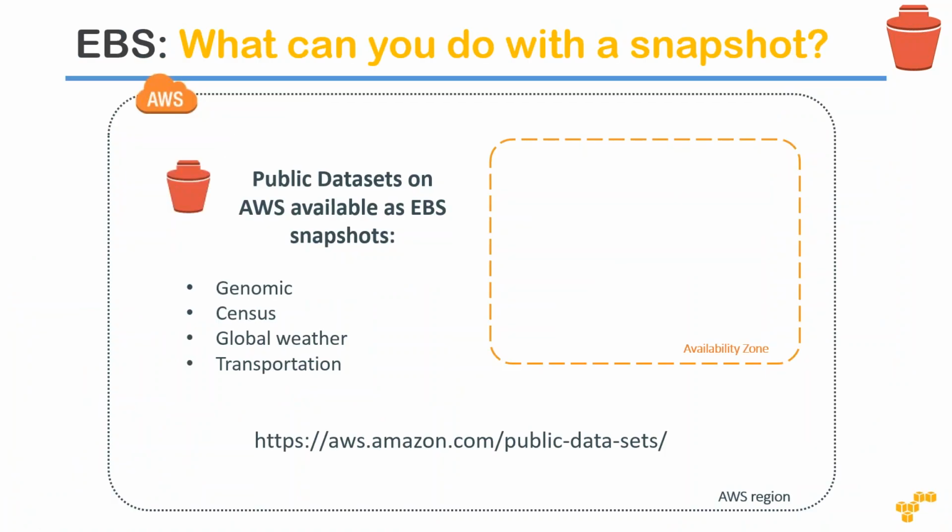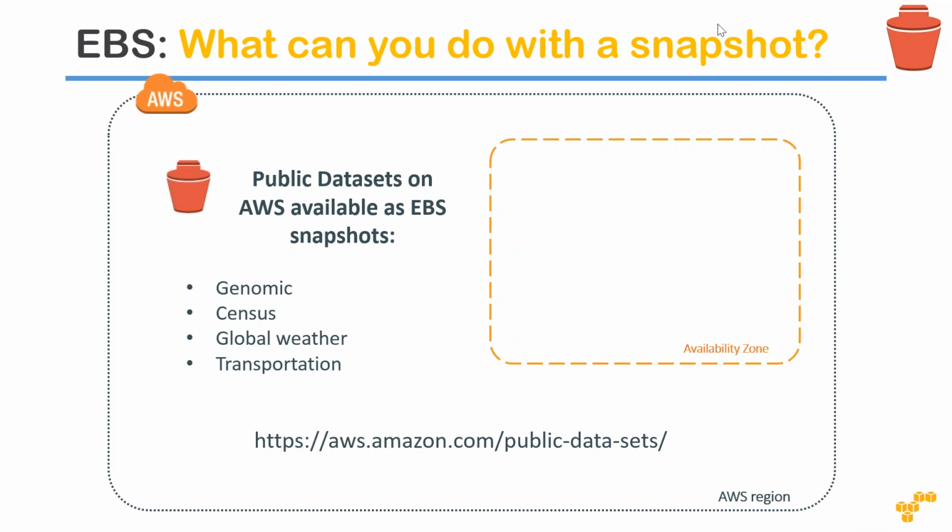And another thing is, as shown here, Amazon itself shares a lot of data sets in EBS volumes. For people who want to use big data analytics and are looking for data, they can go to Amazon public data sets. The URL is shown here, and a lot of data is available.